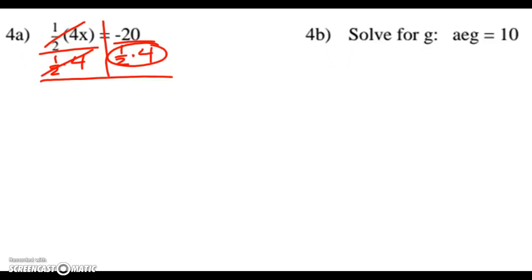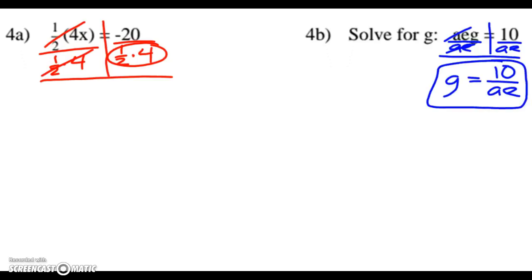Since we don't know what ae is, but we do know that they're being multiplied together, I can divide both sides by ae. And since everything on the left side is being multiplied together, that allows us to cancel out ae divided by ae. We're left with g equals 10 over 80. Alright, so that's how we would do that.